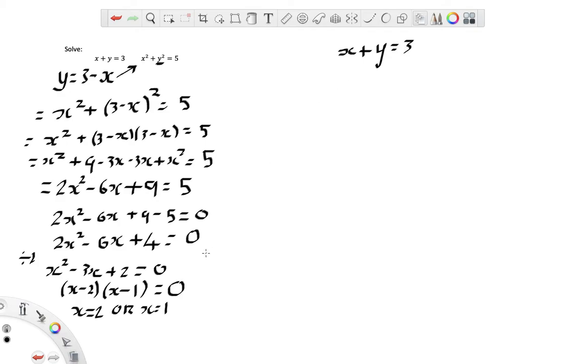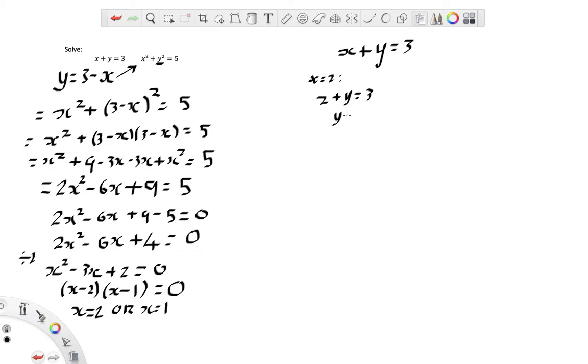That's far easier to deal with than x squared plus y squared is equal to 5. So we'll jump in and do that. So when x is 2, well, we substitute 2 in, so in fact I'll just write x is equal to 2. Well, 2 plus y is equal to 3.